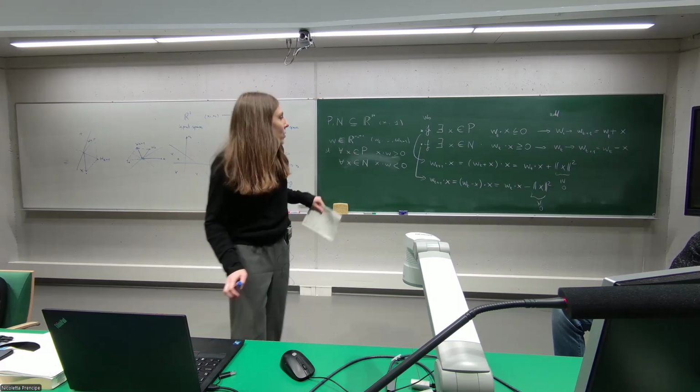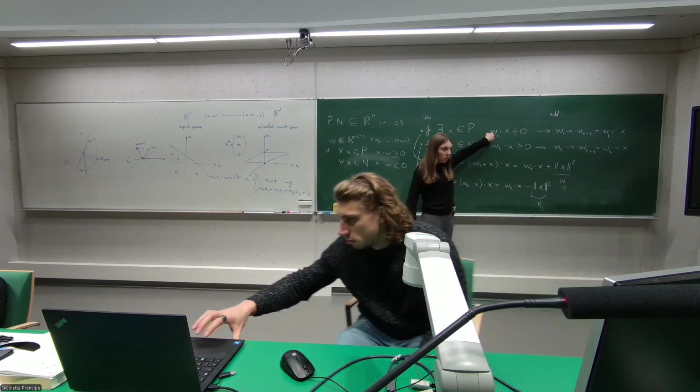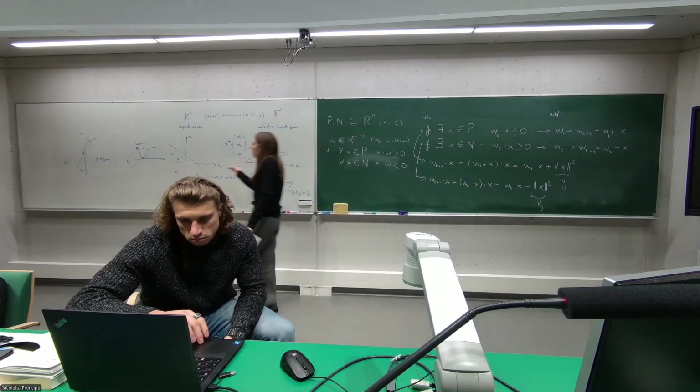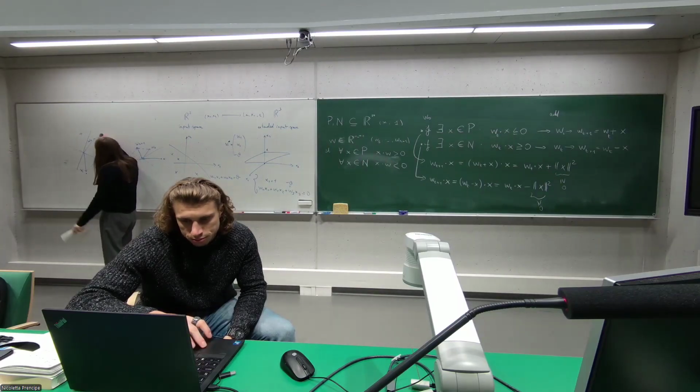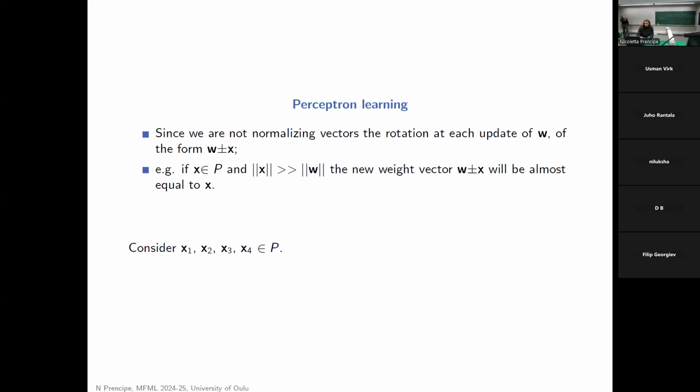Also, whenever we update the weights, we're doing some kind of rotation, because, as I said, we move the weight vector. For example, in this case we were moving the weight vector from here to here, and here from here to here. But the rotations are not all equal, because the transformation applied to w is to add x, and x is fixed.